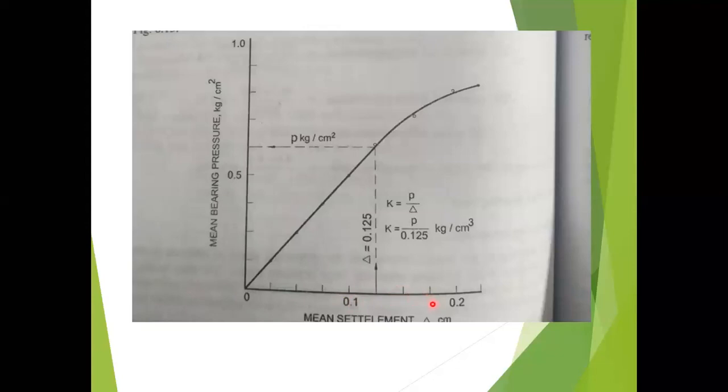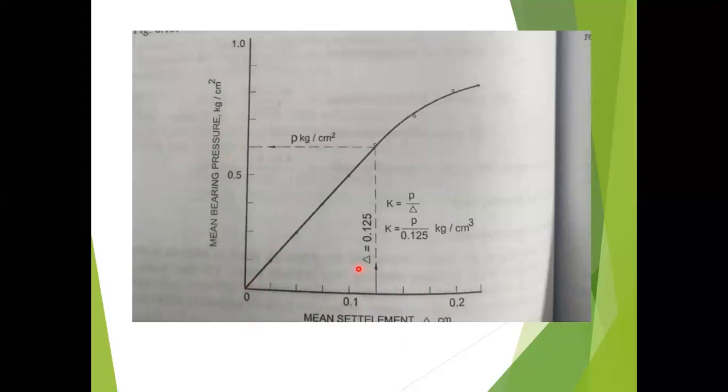If you are taking up to 1.75, you should apply load up to that, which converted into centimeters means the settlement will be 0.175. The increment of load is 0.25, and you plot the graph with settlement on the x-axis and bearing pressure on the y-axis.